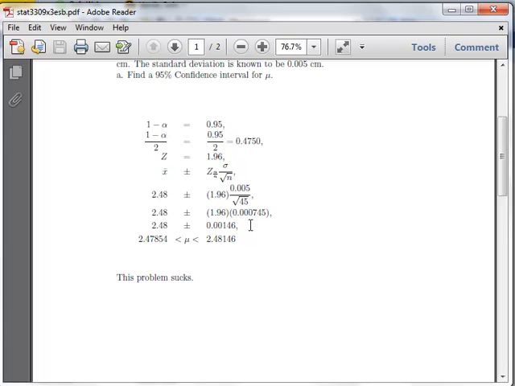And that'll be 2.48 plus or minus 0.00146. So when you do your subtraction, you end up with 2.47854 less than mu less than 2.48146. And if you notice, I put on there this problem sucks because it's too small.